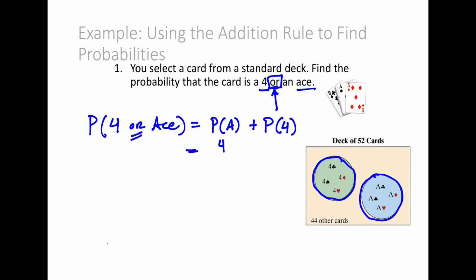The probability of selecting an ace is 4 out of 52. And the probability of selecting a 4 is also 4 out of 52. Notice that I don't have to change the sample space here because I'm only selecting one card. What we're doing is taking the probabilities and their possible outcomes and really counting.